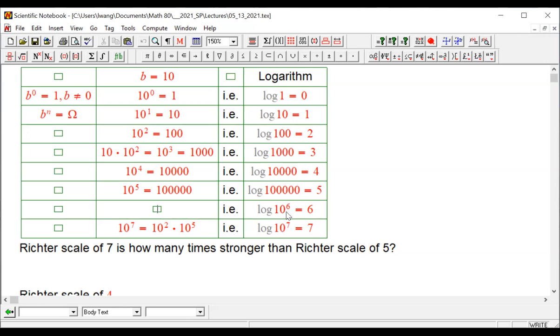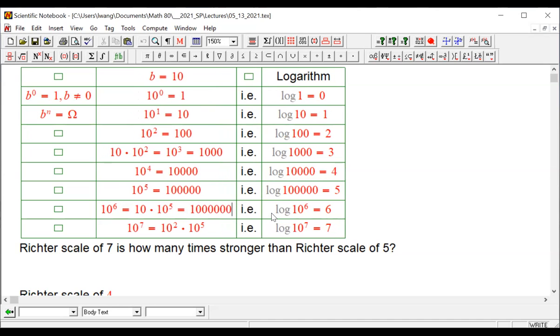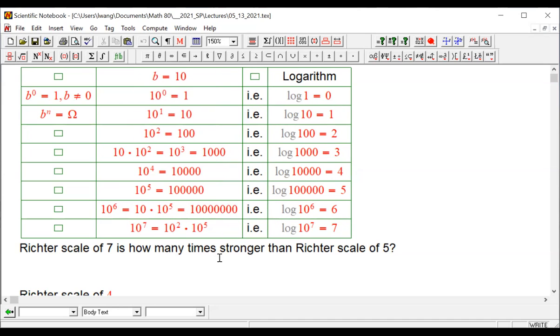So over here, 10 to the power 6 is equal to 10 times 10 to the power 5. You can write it in many different forms; 10 to the power 6 is a million.